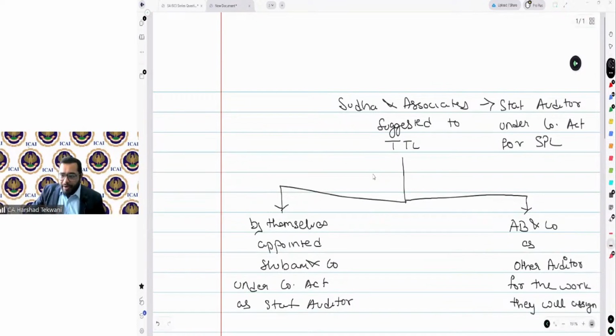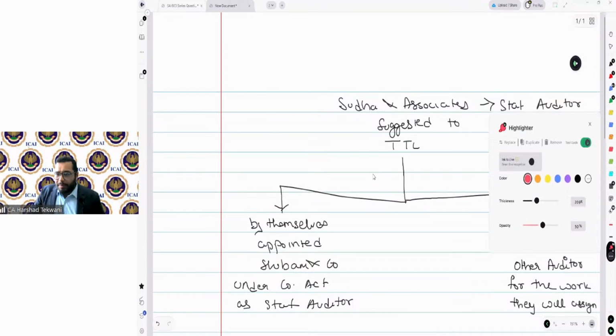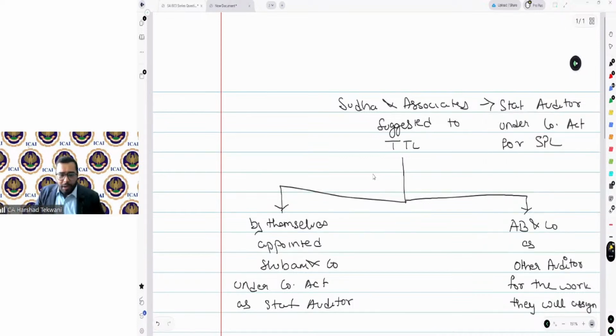Again, I'll repeat, can two different auditors be appointed here? One, Shubham and Company as a stat auditor, and second, AB and Company as other auditor. Can TTL appoint two different auditors? I hope now the question is clear.